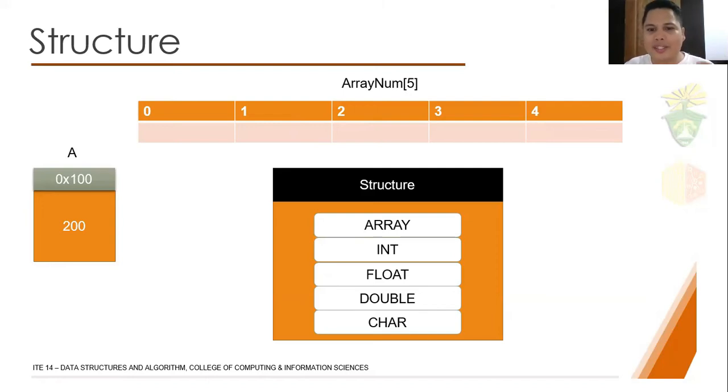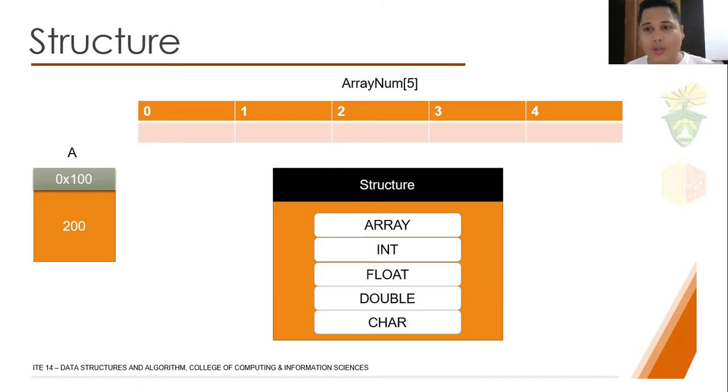But the good thing with a structure is that it groups different data types in one single variable. Based on our illustration, it is just one variable, but it contains many values of different data types.